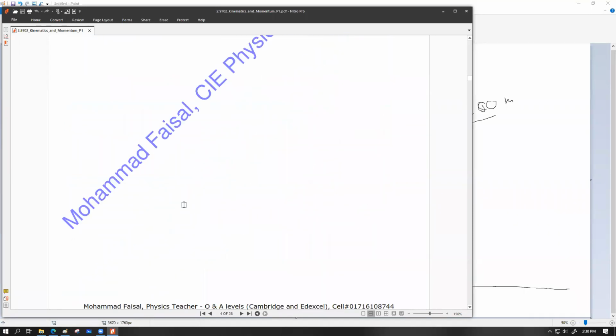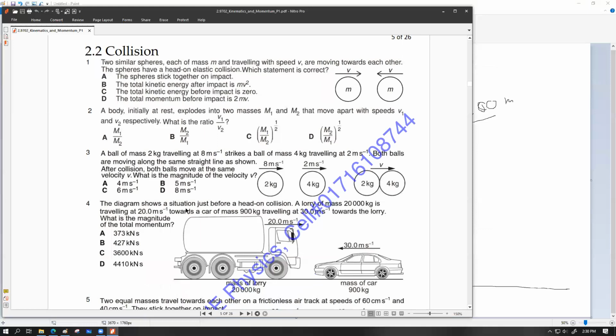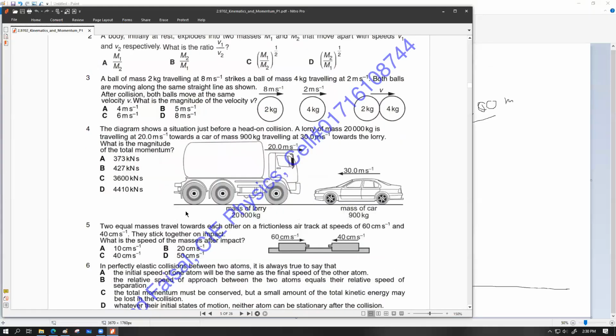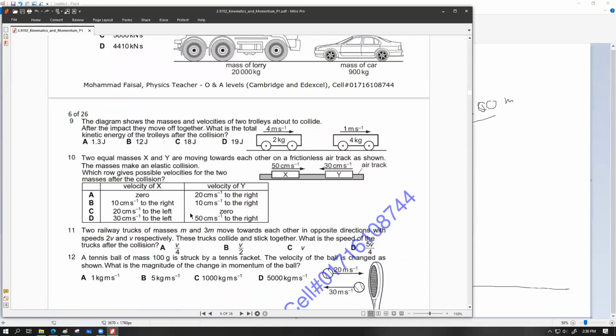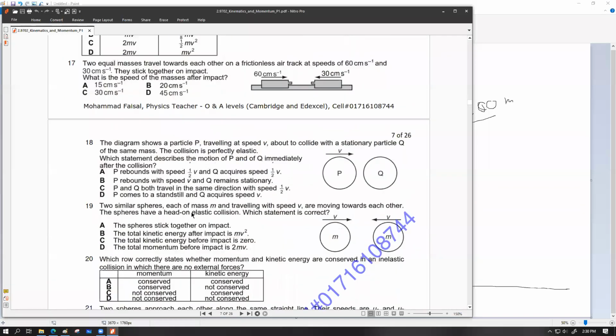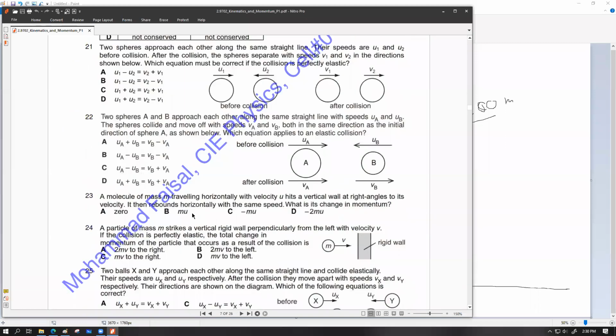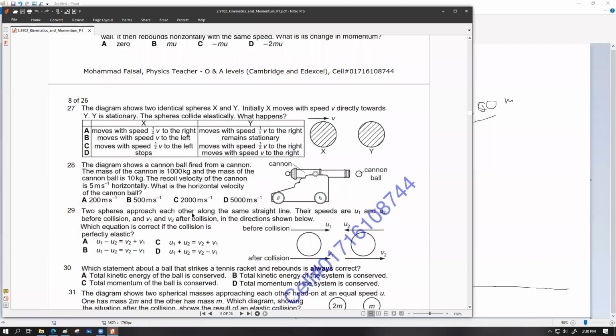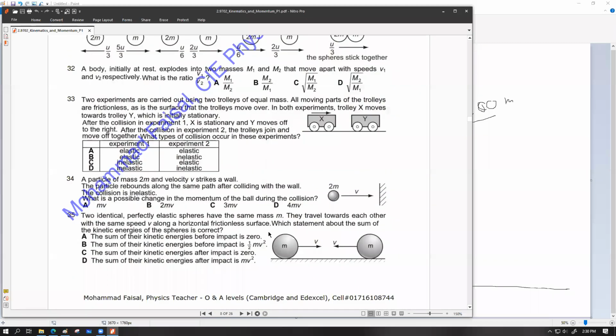So next one, 2.2. I think we did attempt some problems from 2.2. Yes, sir. This problem looks a bit similar. Okay, I think we did discuss this one.